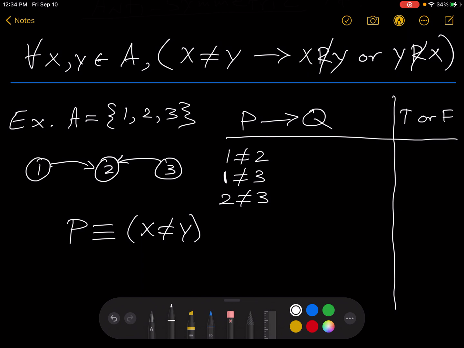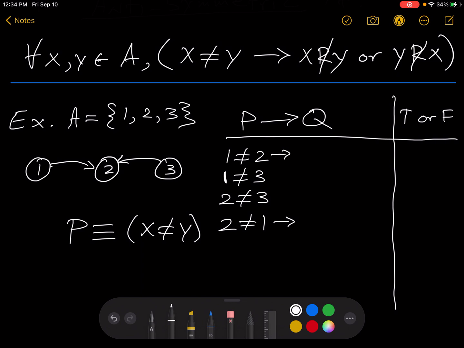Now I know what you're saying. You're saying, well, you did something different in the previous videos. You also had 2 not equal to 1, 3 not equal to 1, and 3 not equal to 2. But let me show you why we don't have to consider those other possibilities. So 1 not equal to 2, right? That's the same as 2 not equal to 1.